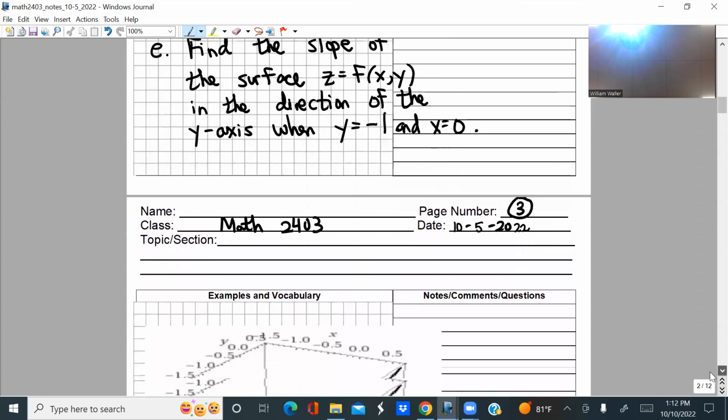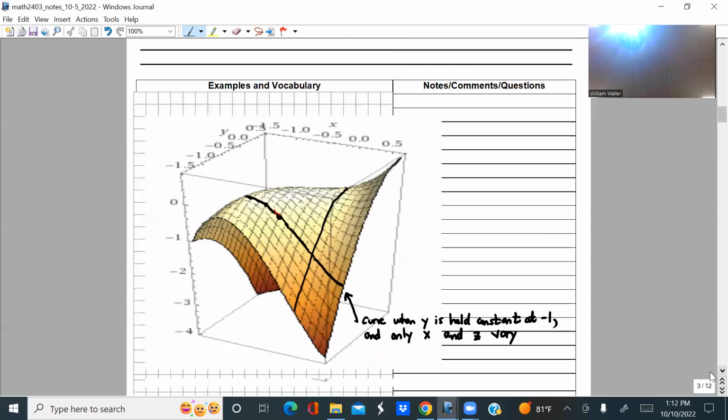Let's see if that makes sense in the picture. X is held at 0, so there is the curve when x is 0. You're taking the plane x equals 0, which is parallel to the YZ plane.